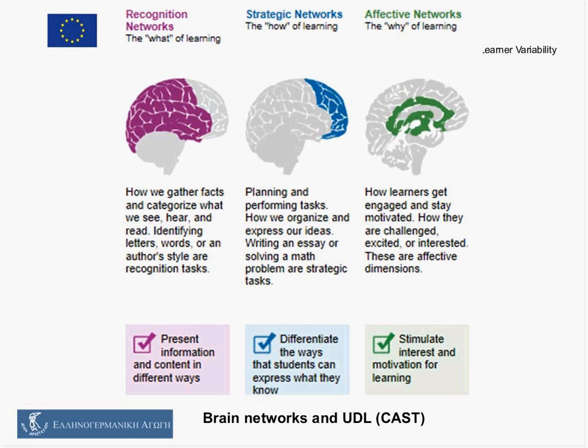Taking into consideration the existence of these three brain networks, we, as teachers and educators, present information and content in different ways, differentiate the ways that students can express what they know and what they have achieved, and stimulate their interest and motivation for learning. This information is also available on the website, and you can find further information there.